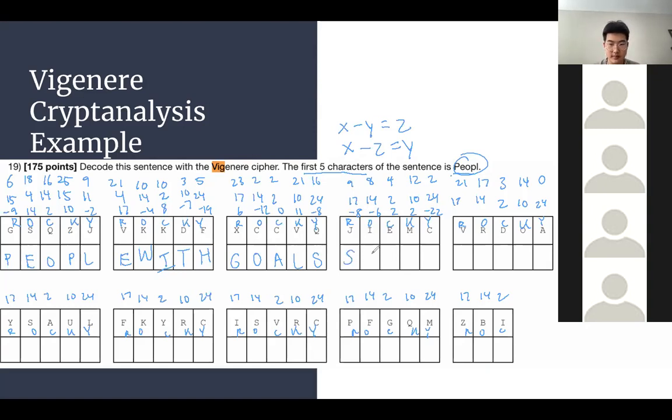So S is -6 is 20. -22 is 4. Yeah, so it kind of looks like it's going to say people with goals succeed. It could say success, but you don't think a noun could come after a noun in a sentence, right? So goals success wouldn't make too much sense.